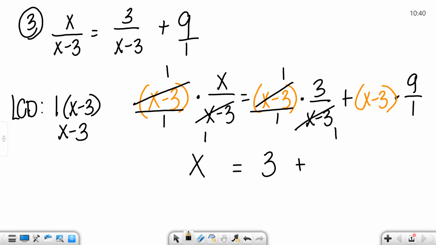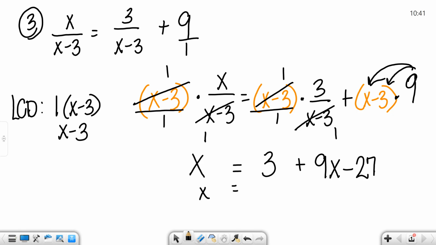Now over here, 9 over 1, really there's no sense in seeing that 1 anymore, not for this part of the problem. Okay, so I have 9 times x minus 3, which would give me 9x minus 27. Okay, I distributed the 9. 3 minus 27 is a negative 24.